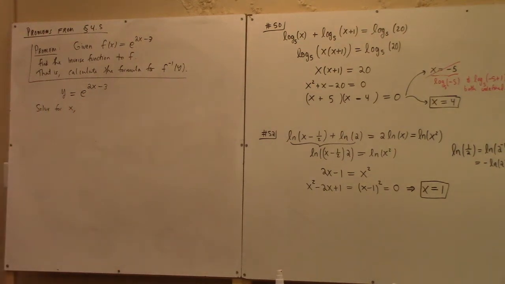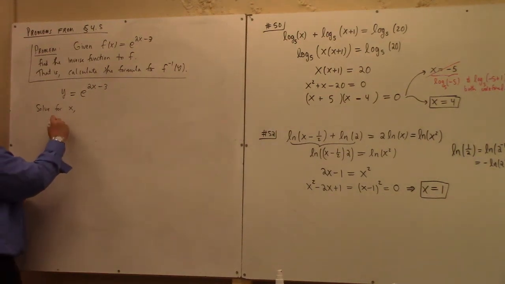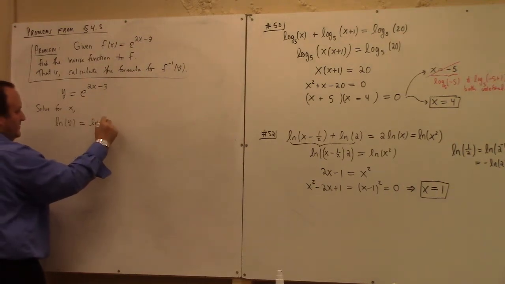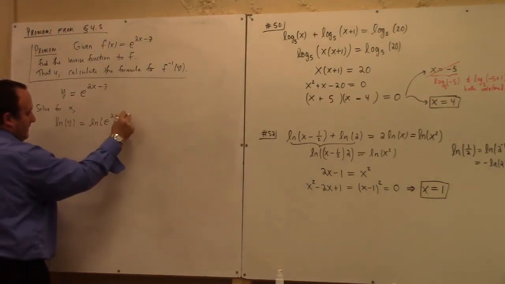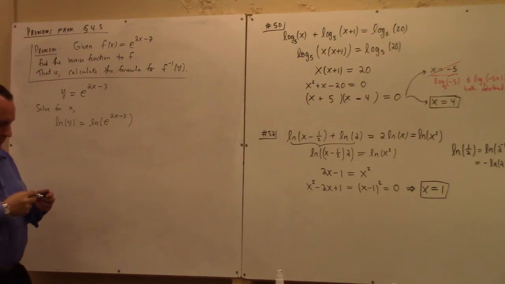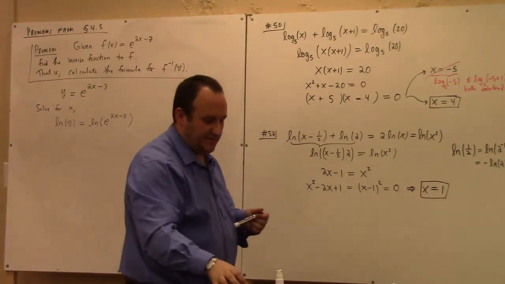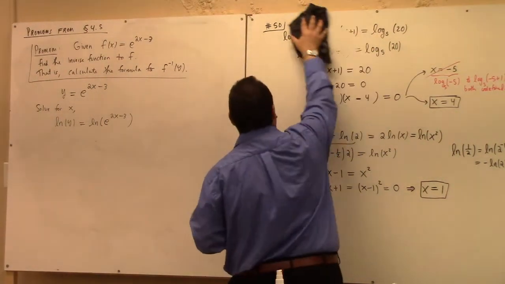So how do you solve for x if y is equal to e to the 2x minus 3? What if I take the natural log of both sides? The natural log of y is the natural log of e to the 2x minus 3. What is the natural log of e to the 2x minus 3?